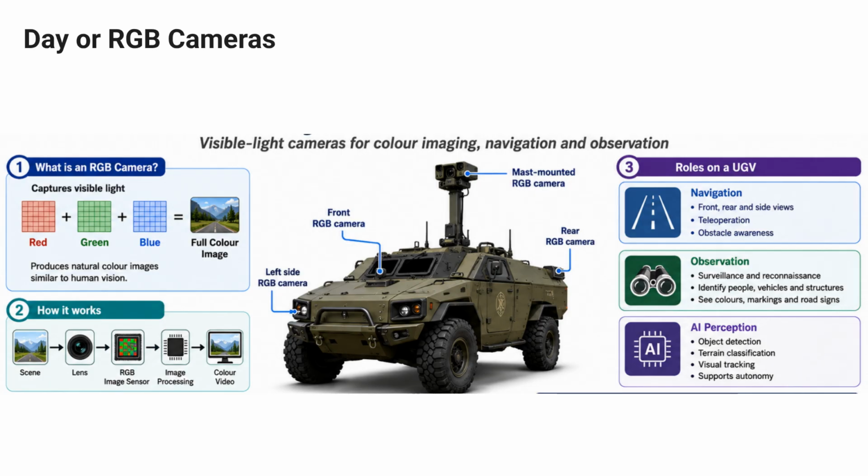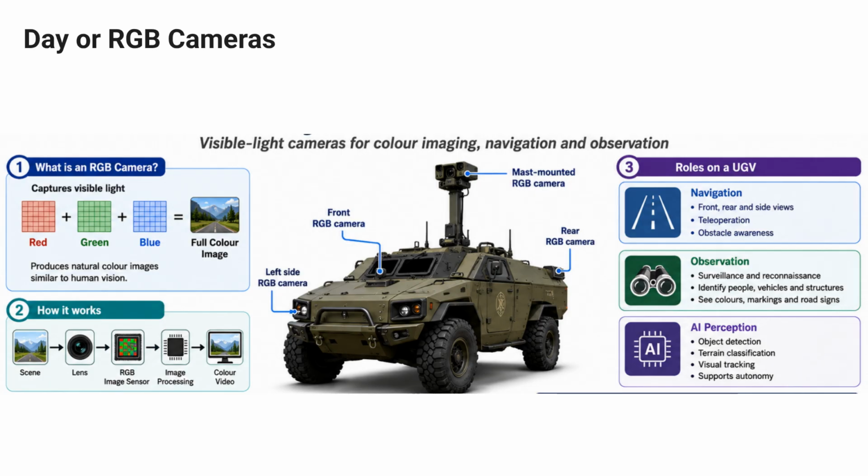Let us begin with day or RGB cameras. These cameras capture visible light and create natural color images using red, green, and blue channels. Because the output is similar to human vision, RGB cameras are the most familiar and widely used cameras on unmanned ground vehicles. They are commonly installed at the front, rear, and sides of the vehicle to support navigation, teleoperation, and obstacle awareness.